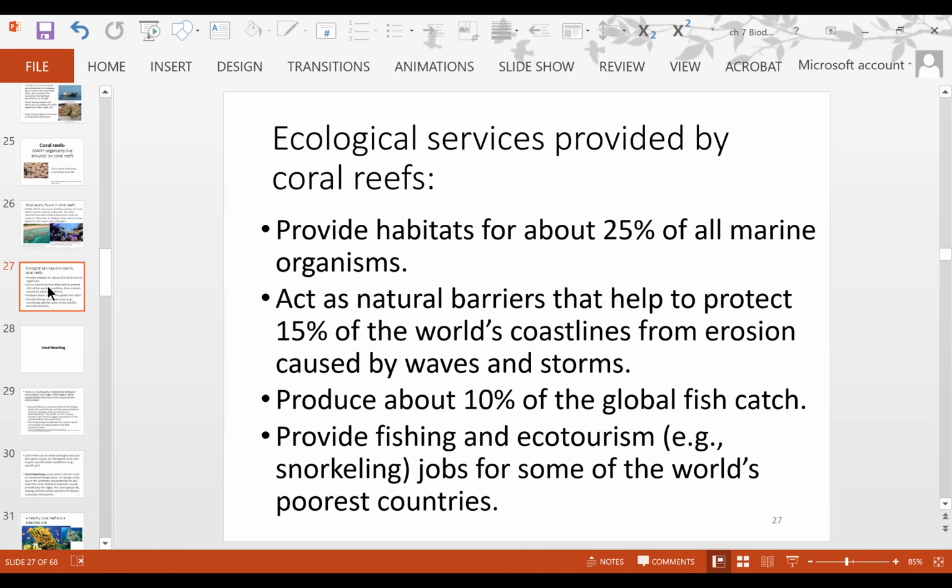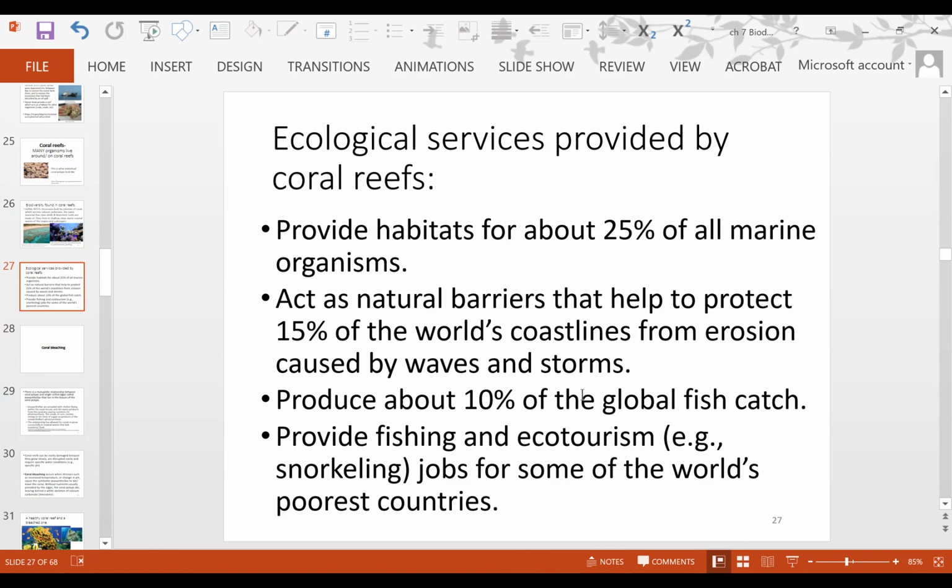So corals provide a habitat for about 25% of all marine organisms. They act as a natural barrier to help protect the world's coastlines from erosion related to waves and storms. That's about 15% of the world's coastlines. They produce about 10% of the global fish catch.